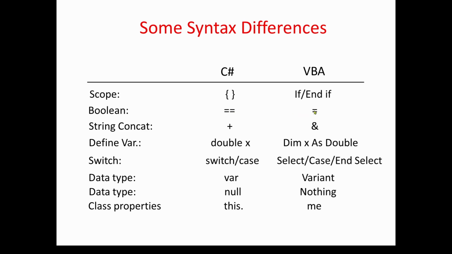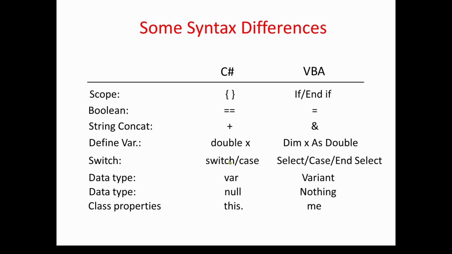No, in VBA you do a single equals. So that might be kind of confusing to you. String concatenation in C# is a plus. Not in VBA, it's an ampersand. To define a variable, if you want to say double X in C#, in VBA it's Dim X As Double, all right?